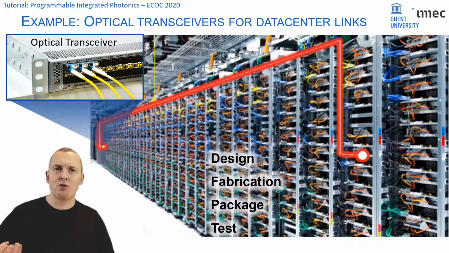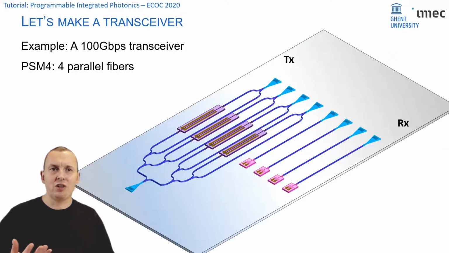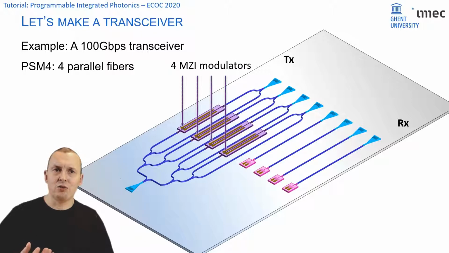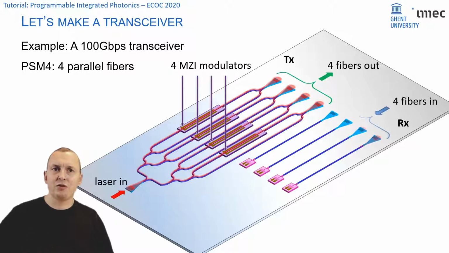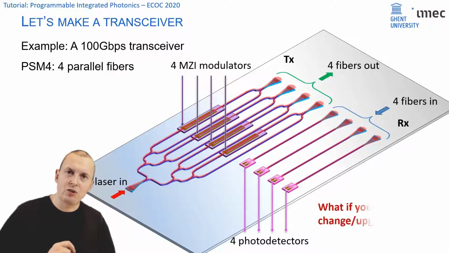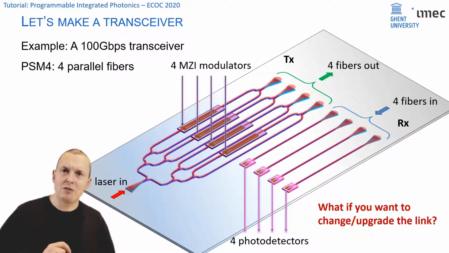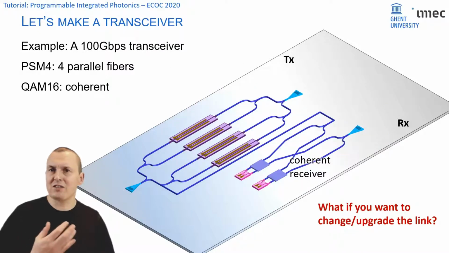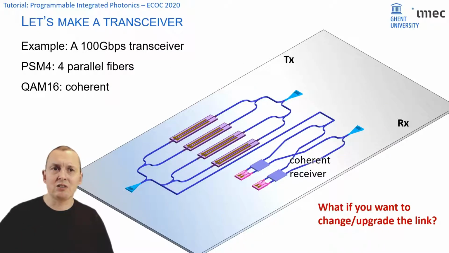So if you pick a protocol, for instance, parallel single mode fiber, you have to build a circuit with 4 modulators that encode the outgoing signal and 4 photodetectors that take the incoming signal from 4 fibers. However, if you want to change protocols for transmitting the same amount of information on, for instance, a coherent link, you need to build essentially a new circuit using the same type of modulators and the same detectors.